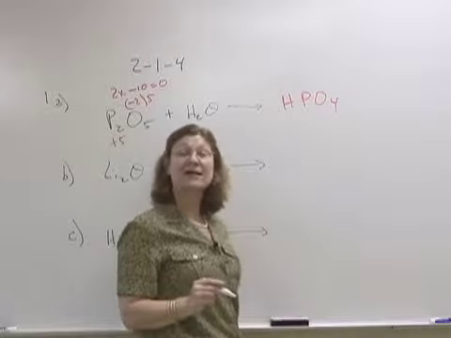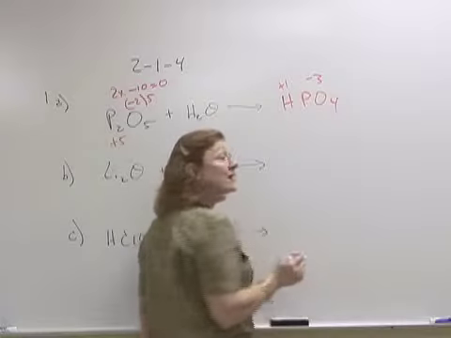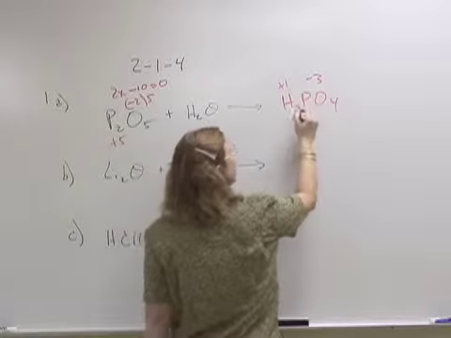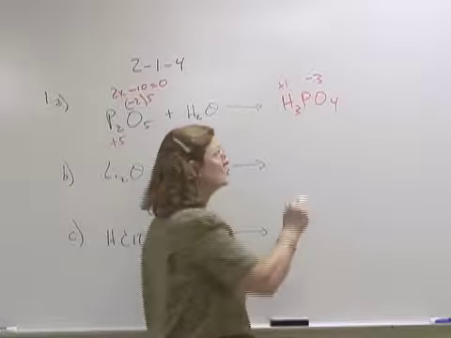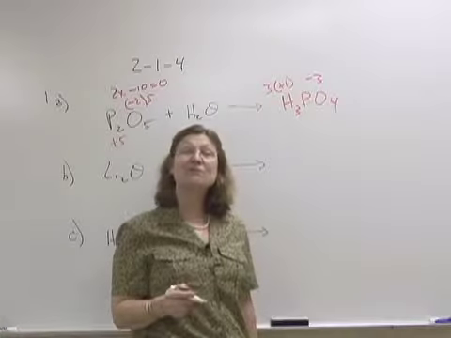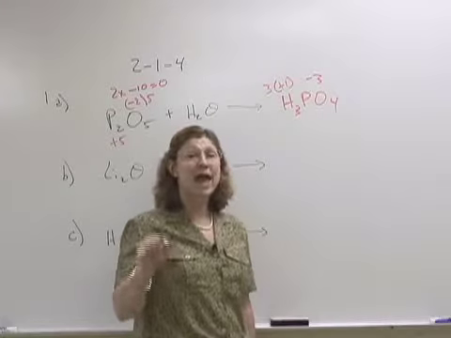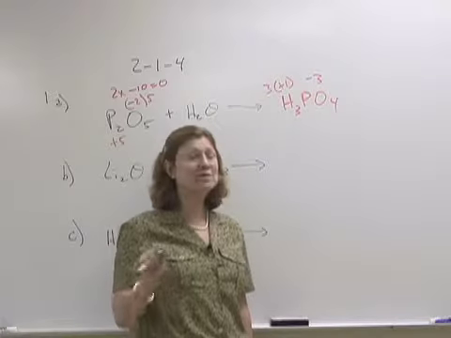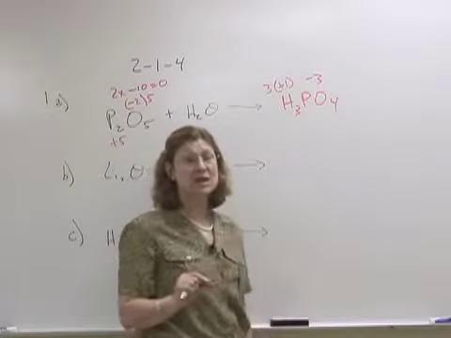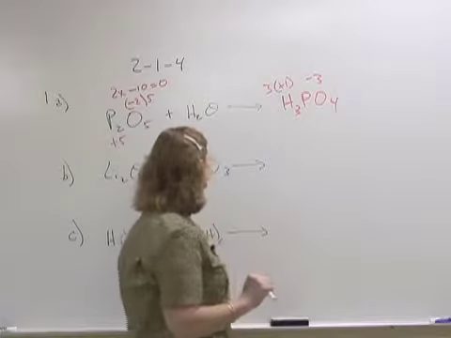Now, we know that phosphate has a -3 charge, and hydrogen is +1, and compounds must be 0, and therefore hydrogen, I need 3 of them, because +3 and -3 is equal to 0, and that's the formula for phosphoric acid. Now, phosphoric acid and sulfuric acid are exceptions to our naming rule, and they start phosphoric acid with 4 oxygens, and normally that's 3 oxygens. So that is an exception to the rule.